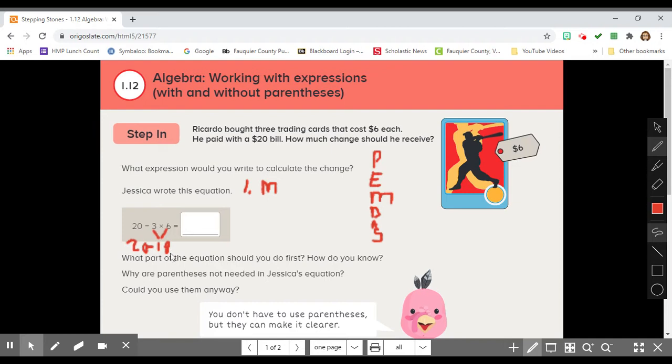So 20 minus 18 becomes 2. So the answer to, let's see, how much change should he receive? It's $2.